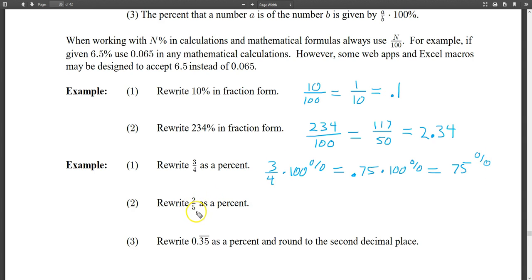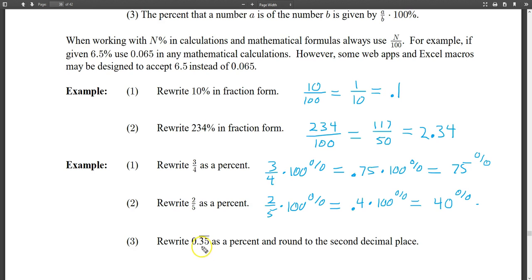Let's rewrite 2/5 as a percent. Well, the same thing: 2/5 times 100%. That's going to be 2 divided by 5, which is 0.4, times 100%. And so that is 40%.